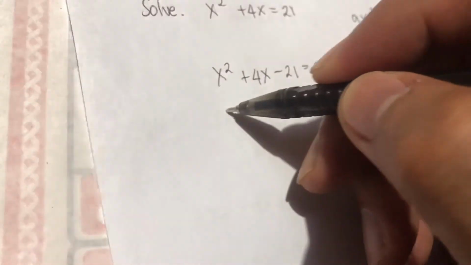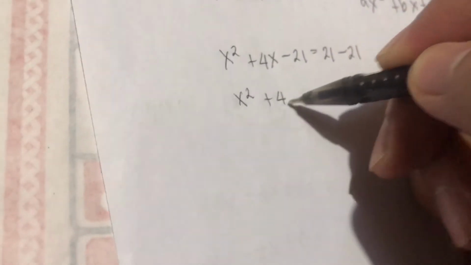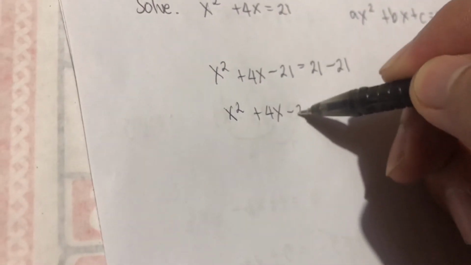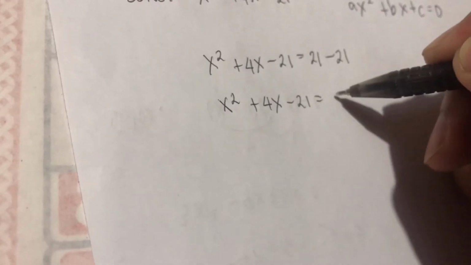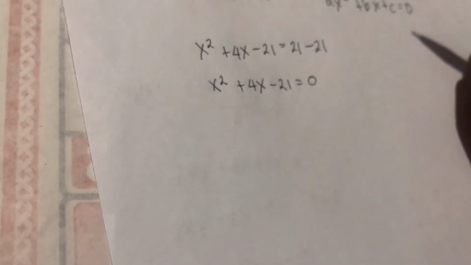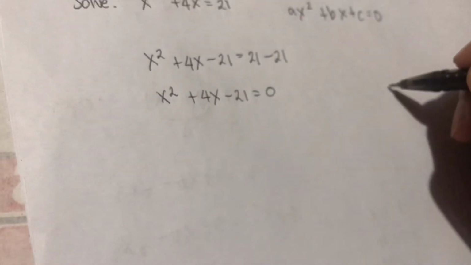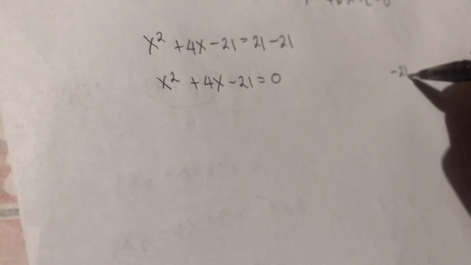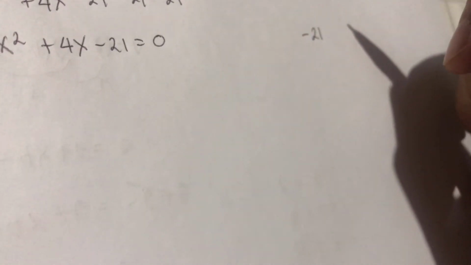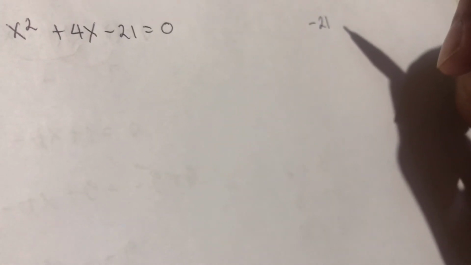So, next step, simplify. X squared plus 4x minus 21 is equal to what? 21 minus 21, that is equal to 0. Next step, kailangan natin i-factor ito. So, paanong pag-factor niyan? Consider muna natin yung constant term natin na negative 21. Ano ang factors ni negative 21?